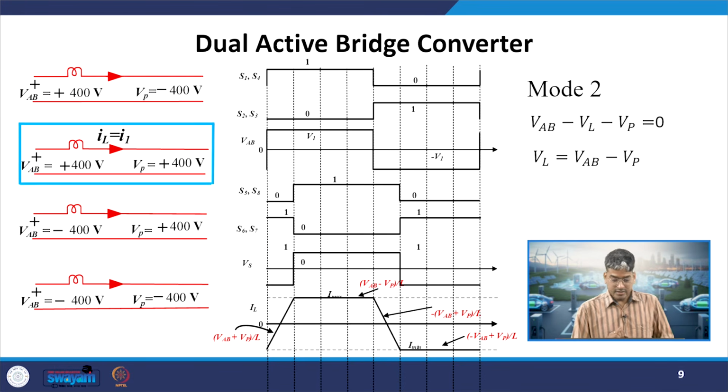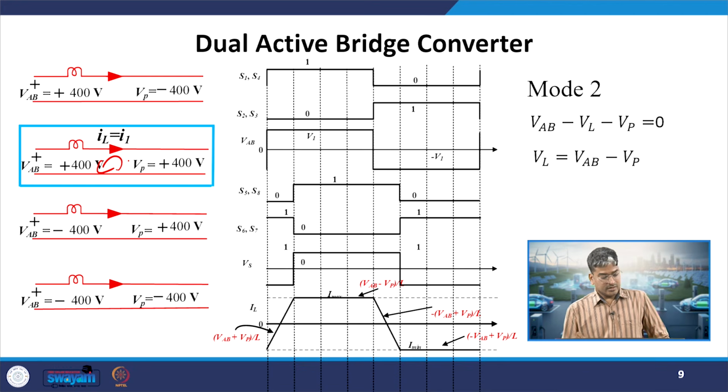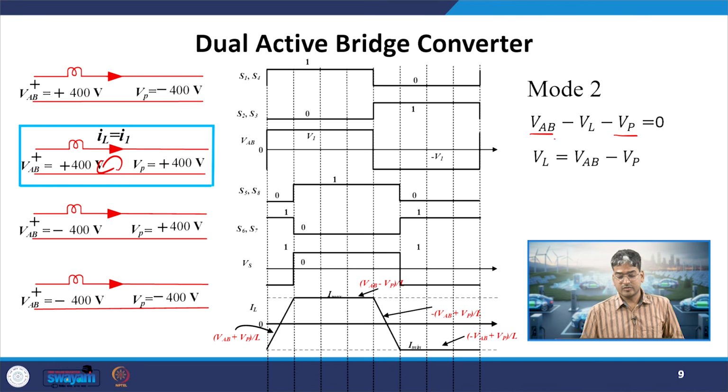Now, in mode 2, again applying the KVL in the same way, we will observe that the primary side voltage VAB, which we obtained after eliminating the bridge, and the reflected secondary bridge voltage will cancel out each other, and the inductor will be experiencing 400 minus 400.